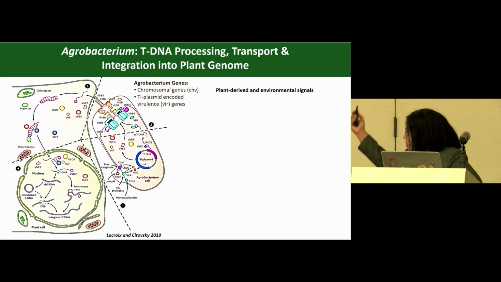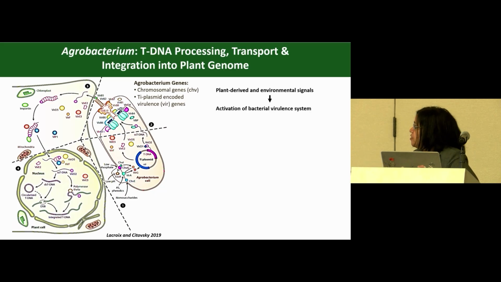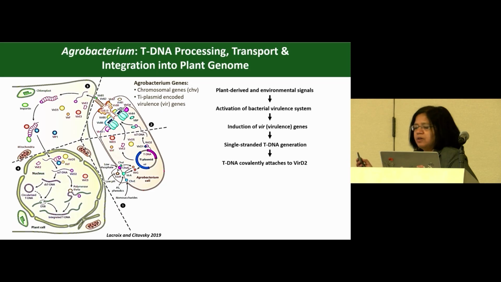So as the first line here, wounding or an environmental signal activates the bacterial virulence machinery. Then there is an induction of virulence genes. It processes the tDNA, which is a single-strand DNA fragment that is very sensitive to breakdown. So a lot of proteins come into play, including VirD2, which is a pilot protein that guides the tDNA into the plant cell.